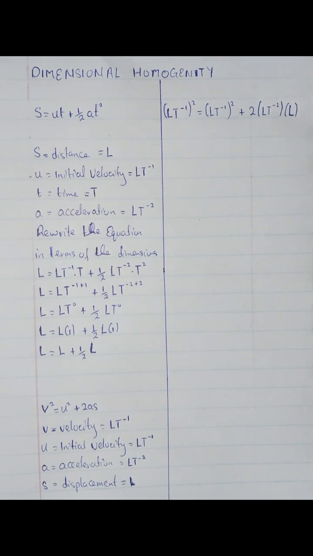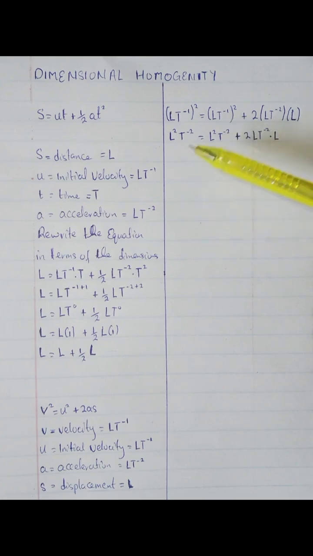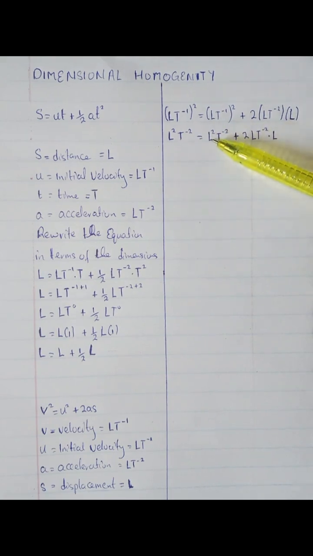So now we have L square per t square equals L square per t square plus 2L per t square multiply L. Now you can see that these two now are the same. The only problem now we have is this one. So recall that I said when you have two bases multiplying that are the same, you pick out one and add their powers.